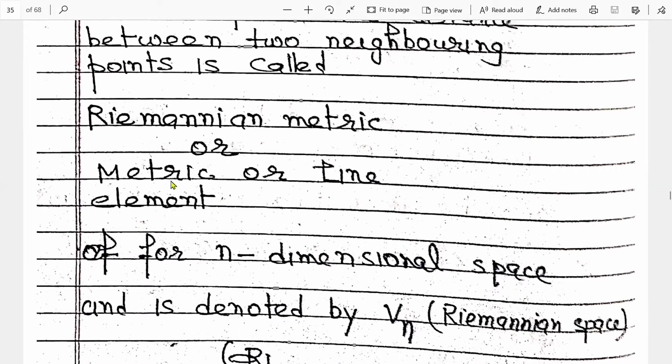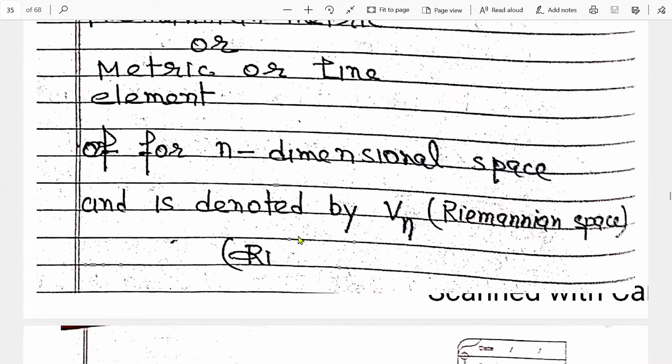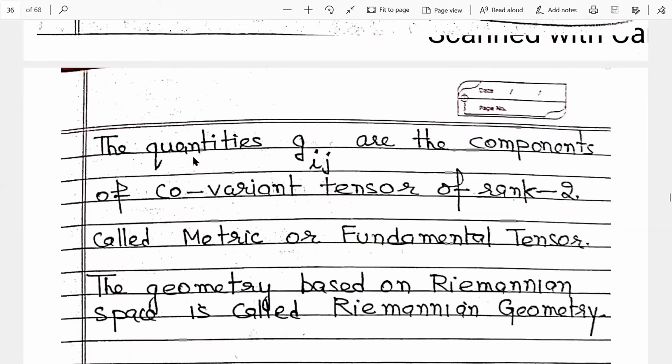It is also called the metric form for n-dimensional space, and it is denoted by Vn. The quantities gij are the components of a covariant tensor of rank 2. It is also named the metric or fundamental tensor. The geometry based on Riemannian space is called Riemannian geometry.